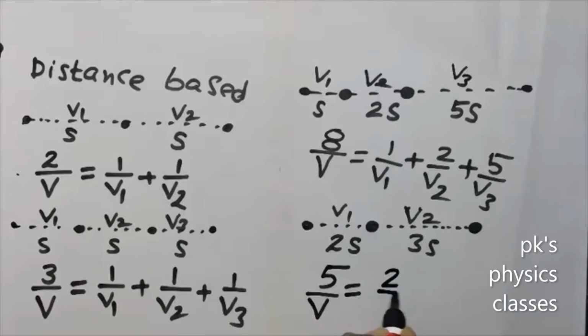So 2 by V1 plus, how many parts are here? 3. 3 by V2. So using this, you can simply substitute the numbers, find the V value. So this is the simplest approach. You just practice. Unless you practice with different situations, you may not answer properly. You practice in a better way so that you will get the advantage of this trick.